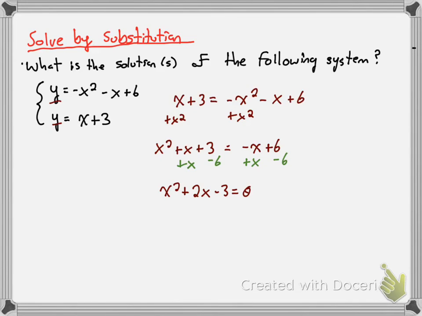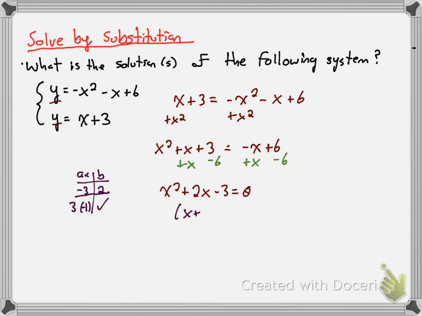So now I'm left with a simple factoring equation. So looking at this problem, I want two numbers that multiply to give me negative 3 and add to give me positive 2. My only factors of 3 are 3 and 1. If I make this guy negative, 3 plus negative 1 gives me 2, so that's going to work out.